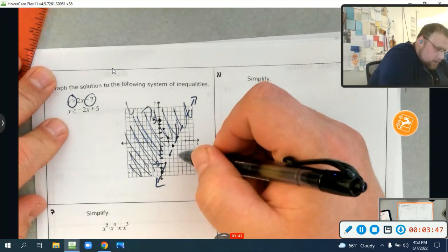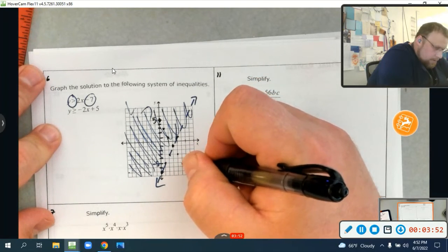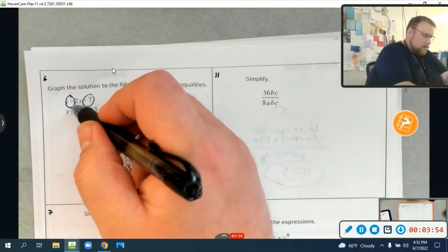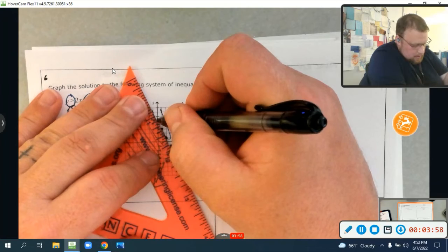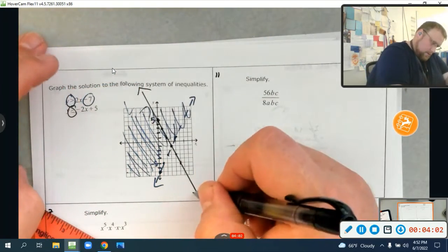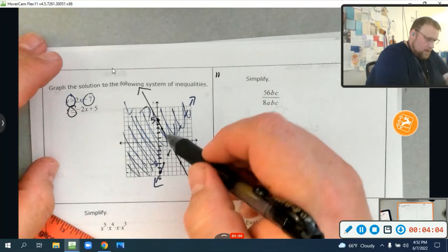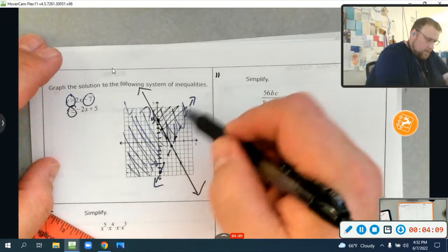Look, we already found out where it crosses. Down 2 over 1, down 2 over 1. And this is or equal to, so it's a solid line. And then it says greater than again, so pin on the line, go up, shade everything over here.